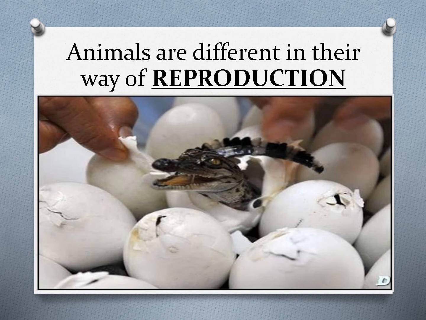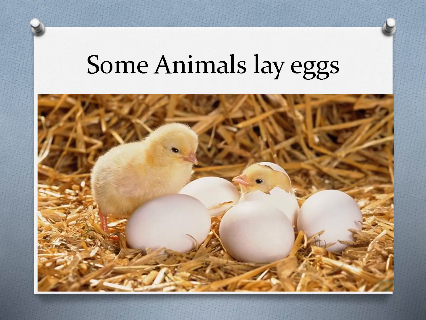So there are animals that reproduce through laying eggs. Animals laying eggs will incubate their eggs until they hatch, just like this crocodile in the picture. We have here the birds that lay eggs.